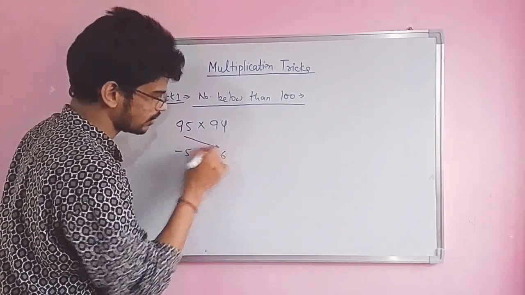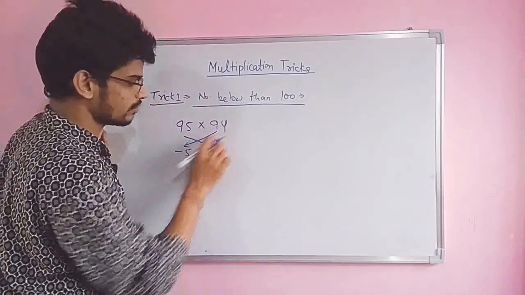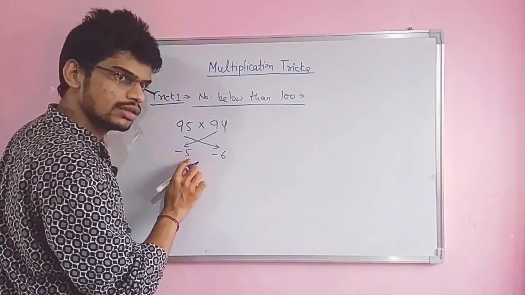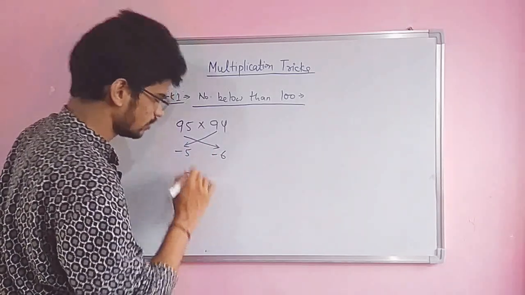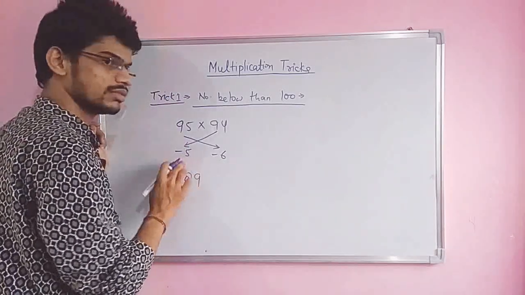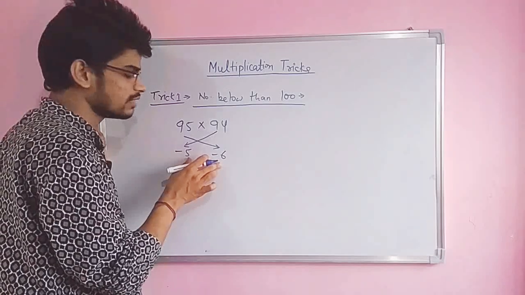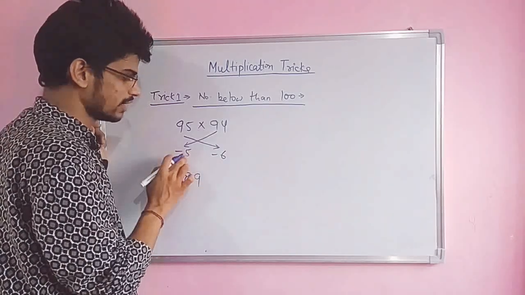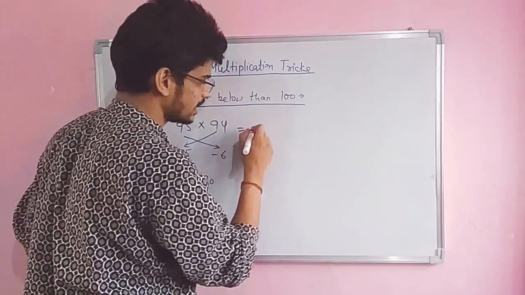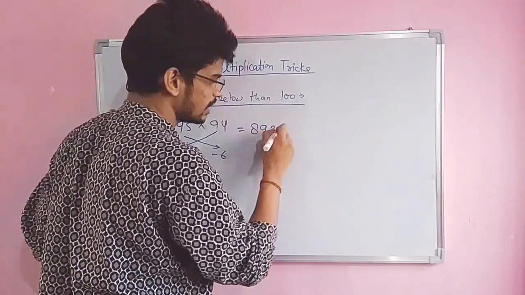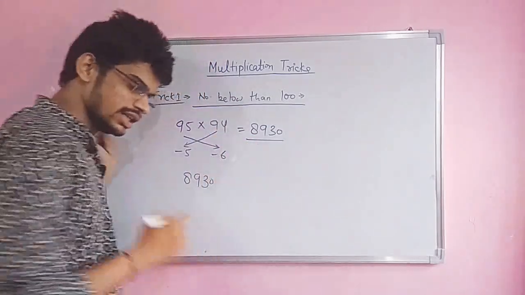Now diagonally subtract the values: 94 minus 5 is 89, and 95 minus 6 is 89. Now multiply the lesser values. Minus 5 multiplied by minus 6 is 30. So we get 95 multiplied by 94 as 8930.